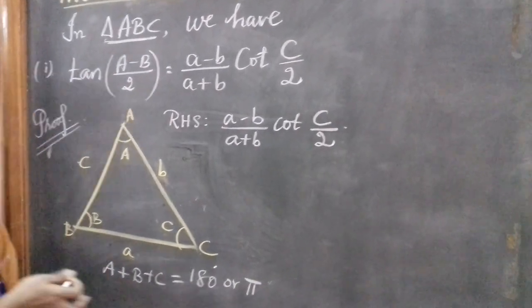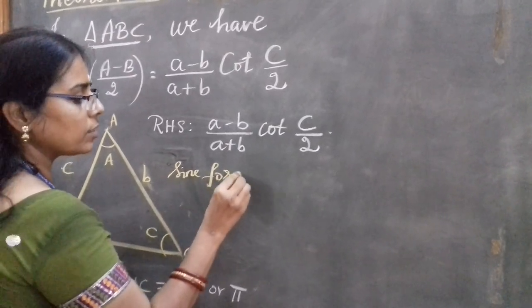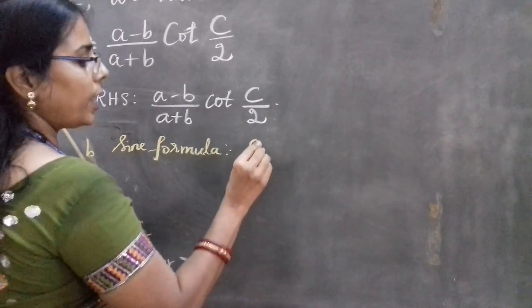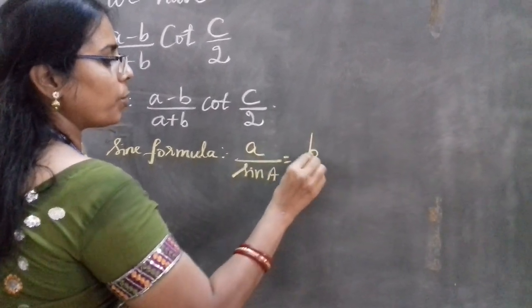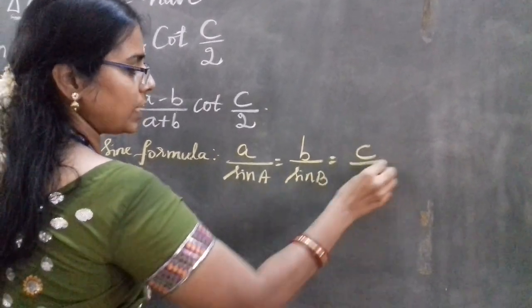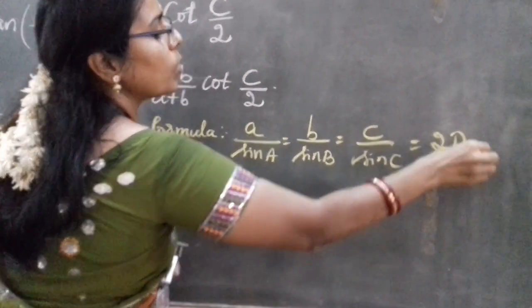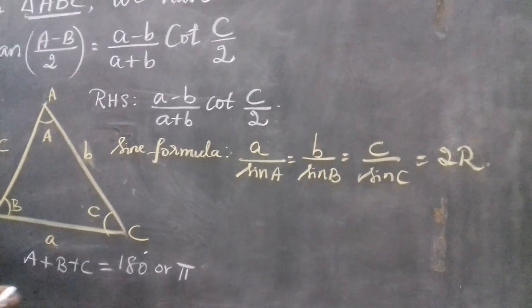Now, we have already learnt the sine formula. What is the sine formula? a divided by sine A is equal to b divided by sine B, which is equal to c divided by sine C, which is equal to 2r, where r is the radius of the circumcircle of the triangle ABC.